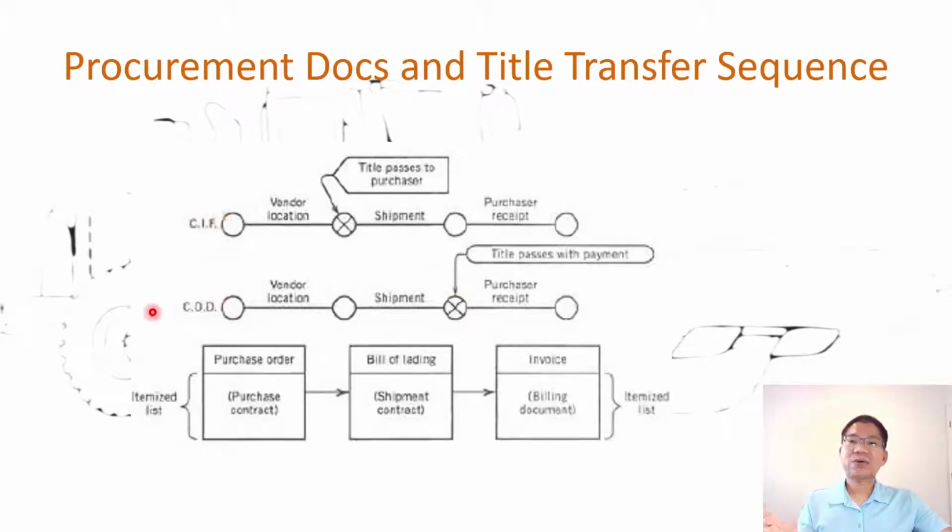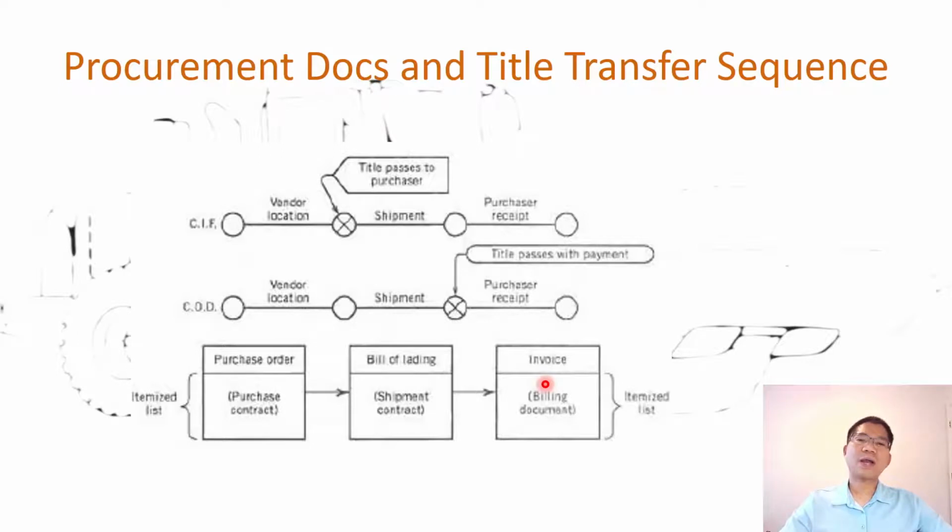if you go with CIF or COD. The third type of procurement document and title transfer is the itemized list of all the work in the purchase order. And then we have a bill of lading, an agreement between the purchaser and the vendor, so the shipment contract between the shipper and the receiver. We have a bill of lading, shipment contract, and then the invoice is issued when we receive the items.